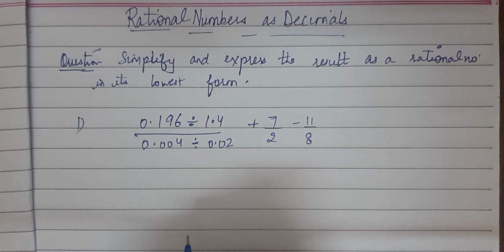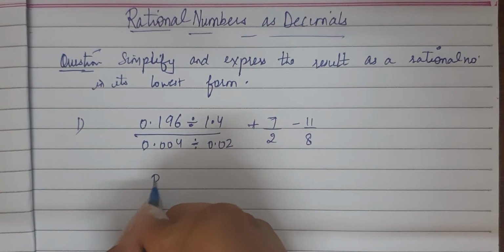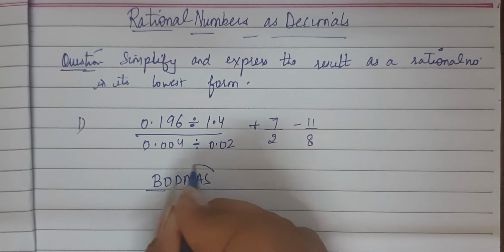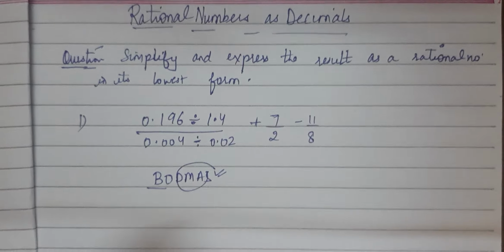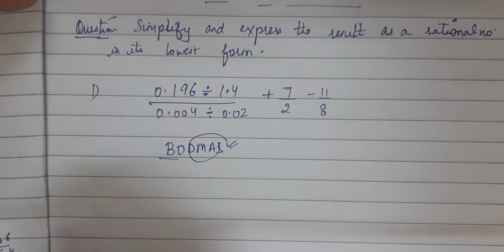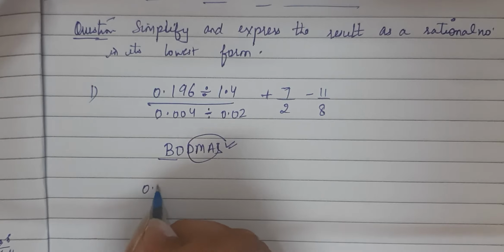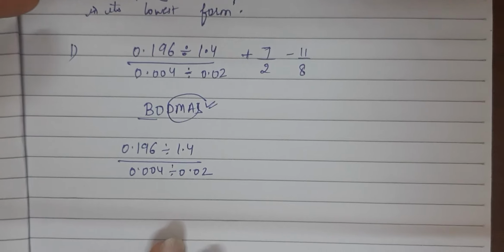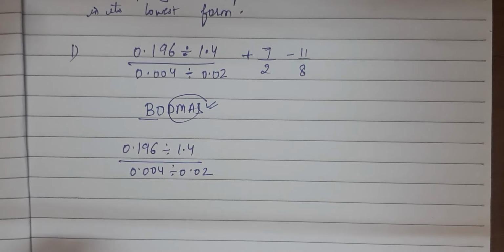First of all, by the BODMAS rule, here there are no brackets, so we will only use the DMAS rule. By using the DMAS rule, first of all we will solve the division part. I am taking the division part separately for explanation, opening each and every part so that it is easily understood.